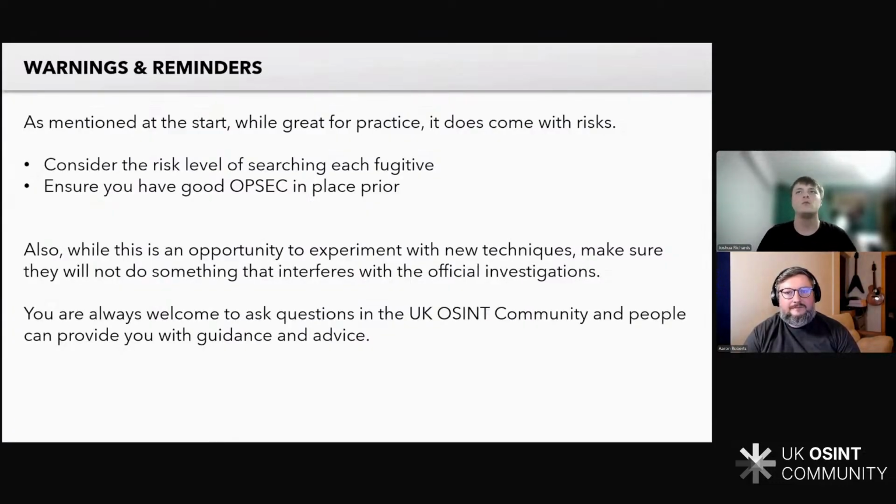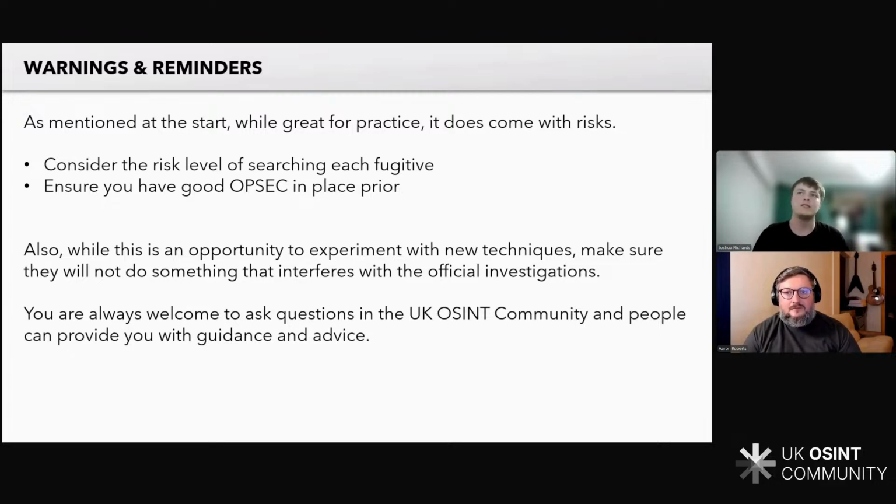So, some final warnings and reminders, which we've covered. Again, I mentioned at the start, this is just for practice, and for finding new resources that you can use, whether that's in the UK, the US, and just for trying out new ideas that you have. But of course, it does come with lots of risk as well.